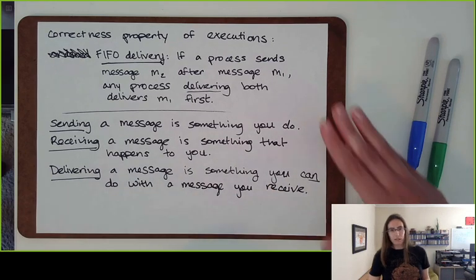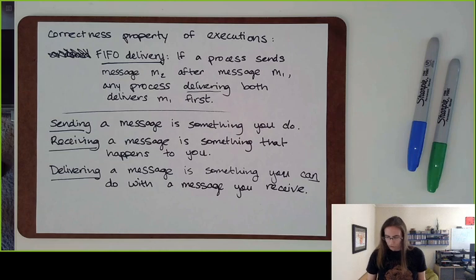So a protocol can wait to deliver a received message until the appropriate time. If somebody is sending you messages and you're receiving them, you can queue up those messages until you decide it's time to read them. This is actually a very important mechanism. Why might you want to do this?